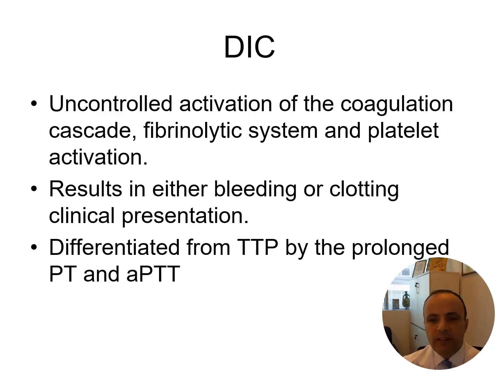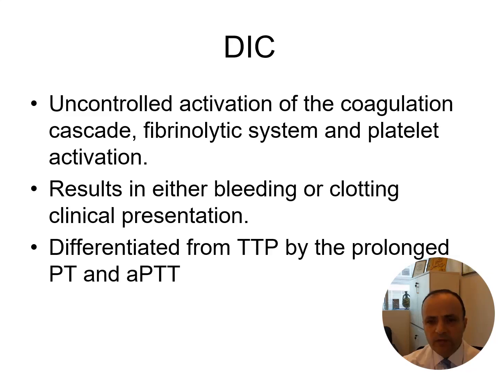The second entity is DIC, which stands for disseminated intravascular coagulopathy. So as you know, you have the coagulation cascade and you have the fibrinolytic cascade that will put the brakes on the coagulation cascade. What happens with DIC essentially is you have uncontrolled activation in both the coagulation and the fibrinolytic system, both, and essentially usually sepsis and major infections or major trauma give you DIC.